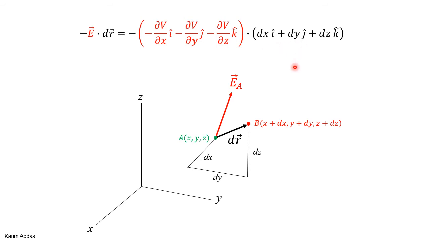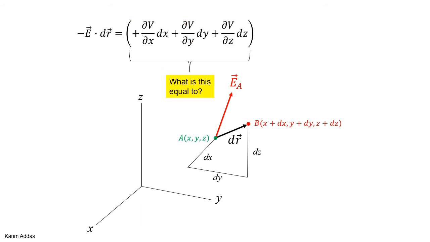So the only 3 terms that survive from this dot product are the first dotted into the first, the second dotted into the second, and the third dotted into the third. And so when you do that, you get this, and you can immediately recognize what this is. We just showed a while ago what this is.